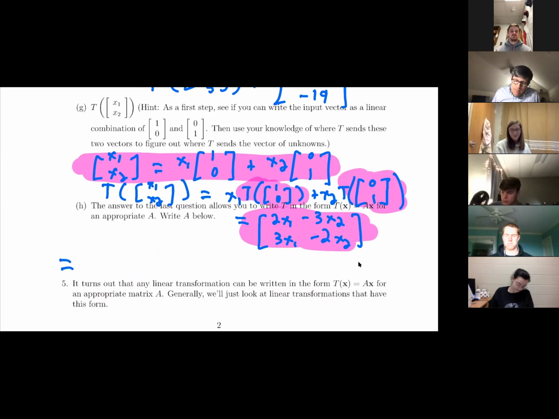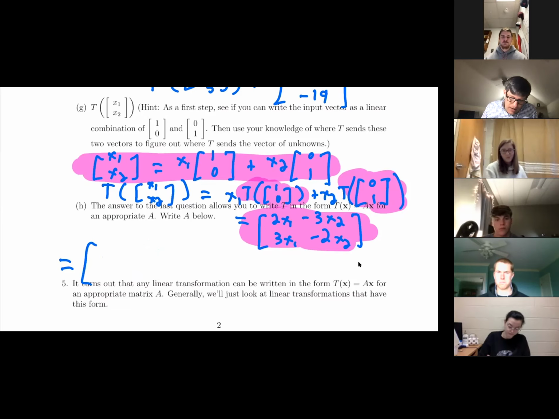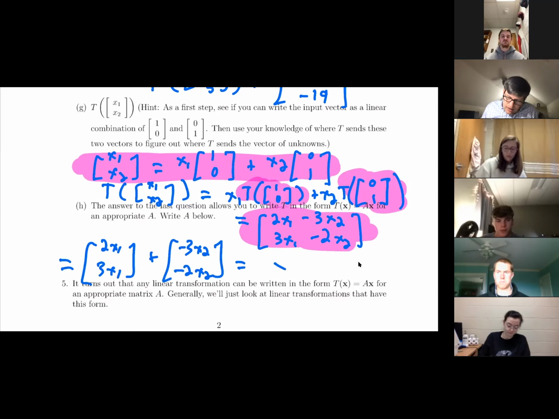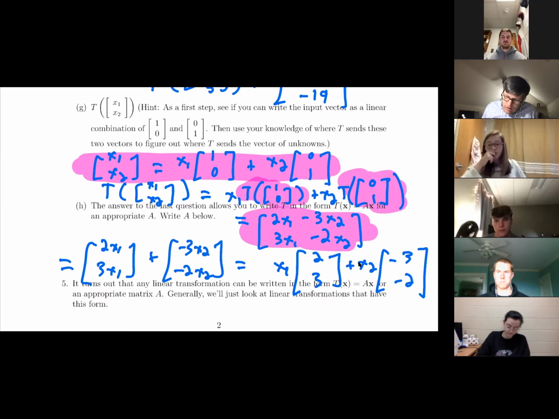So that pink highlighted thing, I'm going to work with that a little bit. I'm going to write it as 2x1, 3x1 plus negative 3x2, negative 2x2. This is sort of going back to earlier stuff, but that's okay. So I've just taken out my x1 and my x2.